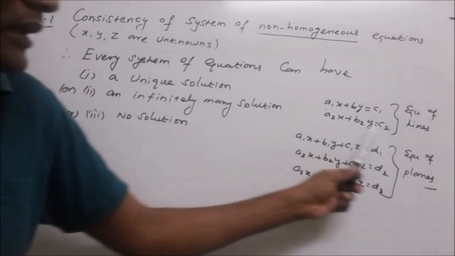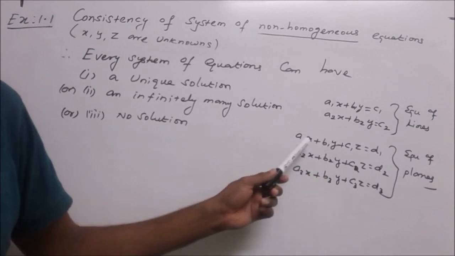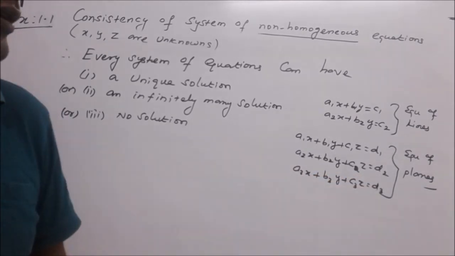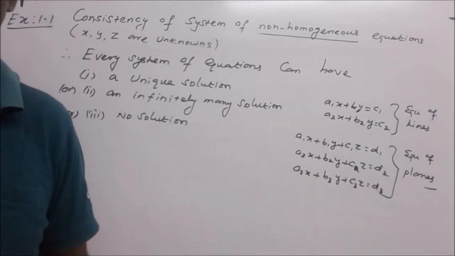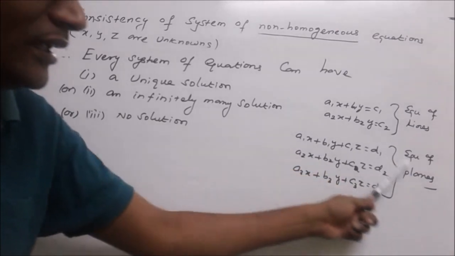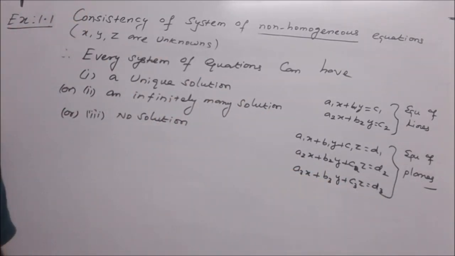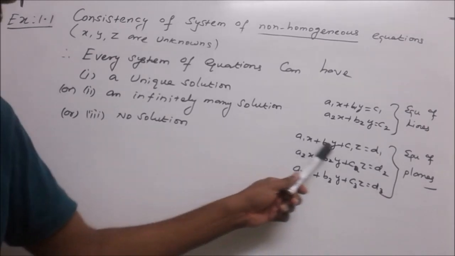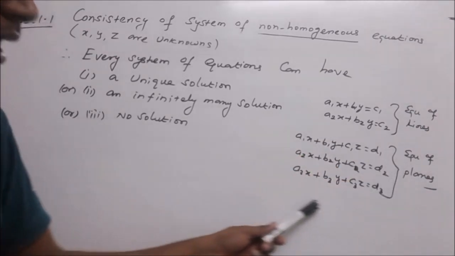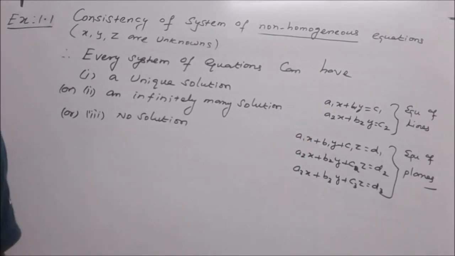Now there are three variable linear equations: a1x plus b1y plus c1z equal to d1, a2x plus b2y plus c2z equal to d2, and a3x plus b3y plus c3z equal to d3. These three equations represent three different planes. These are three dimensional, representing planes. These are two dimensional, representing lines.